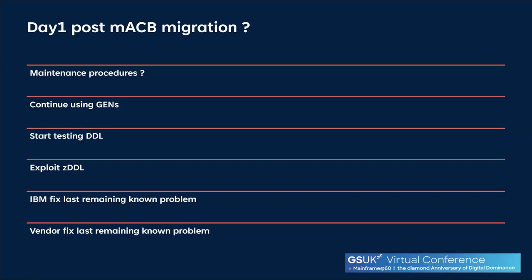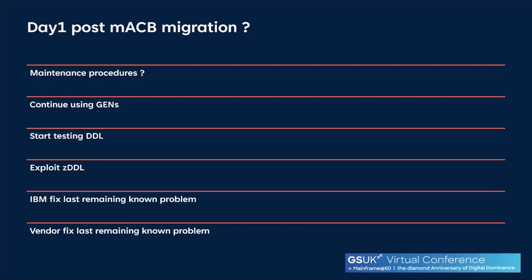But we are going through all these efforts of implementing the IMS catalog and managed ACBs. One advantage we obviously understood is your directories are PDSEs compared to PDS. There are operational advantages, like it can dynamically add members on the fly. But that's not the only reason why we are going to managed ACBs.